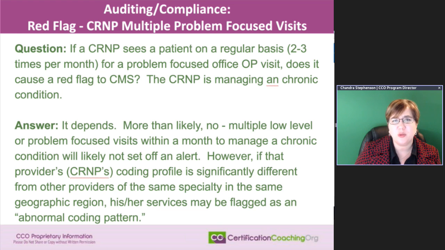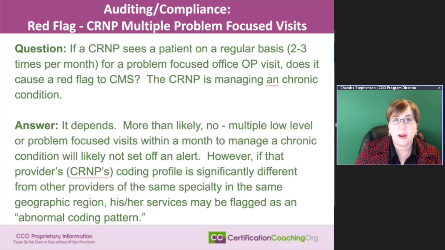The other situation where it may cause a red flag, and it's not necessarily an out-and-out red flag to the carrier, is that all carriers, not just Medicare, tend to start doing provider comparison reports. That's a big thing right now. I don't know if anybody's received a provider comparison report in the mail. If you do at the office, don't ignore it.